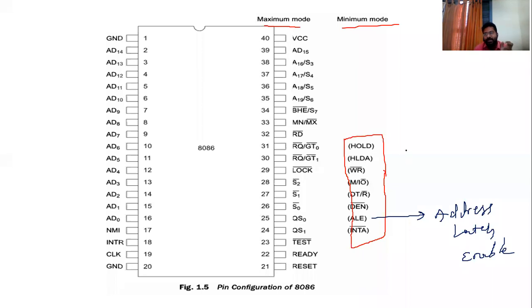At that time the address lines are converted into data lines. In minimum mode it uses ALE; in maximum mode it uses QS0.